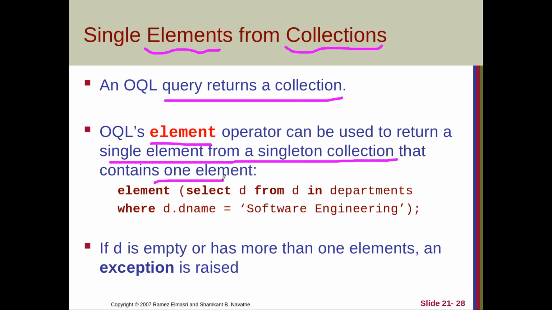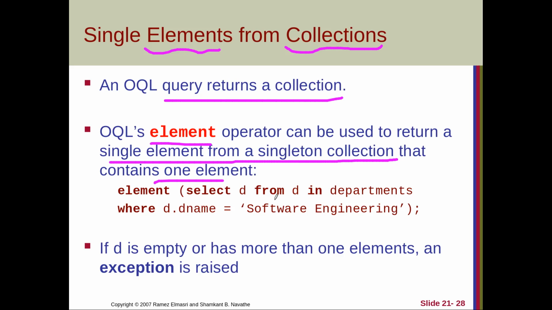So if you want to select a particular element from a group with a condition, we can use an element operator or element query. The query can be written as element of, then the query. That is the syntax. Whatever that query returns, from that one element will be selected.